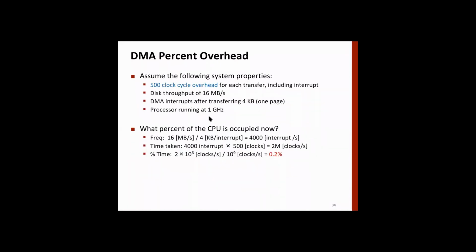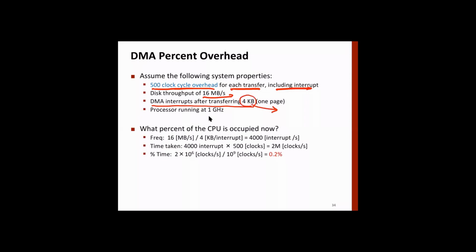All right. Now let's look at what the DMA overhead is. Look at the same example: 500 clock cycle overhead for each transfer, including the interrupt. The throughput is 16 Mbps, megabits per second, and the DMA interrupts after transferring 4 kilobytes. Now you can see the difference.